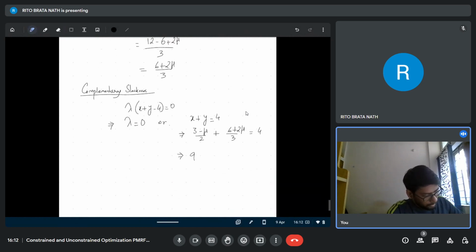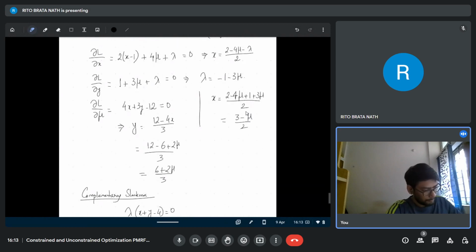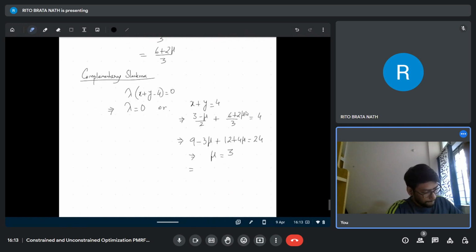So that's 9 minus 3 mu plus 12 plus 4 mu is 24. That gives you mu equals 3. Mu equals 3 means lambda is minus 1 minus 3 mu. So this is not possible.